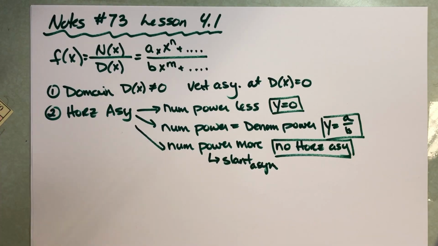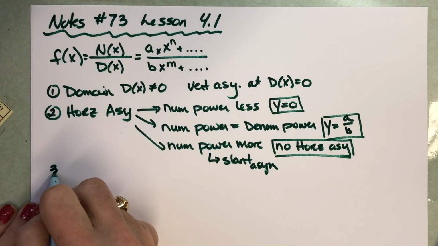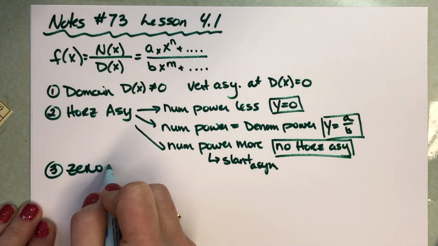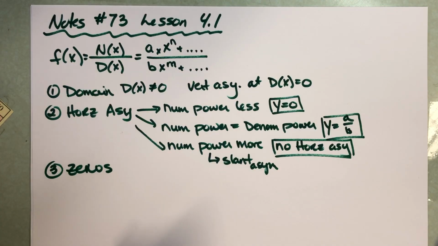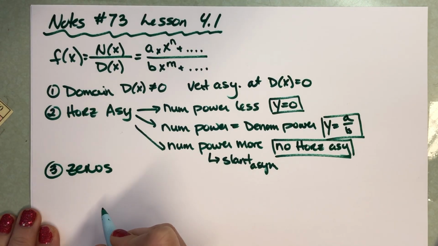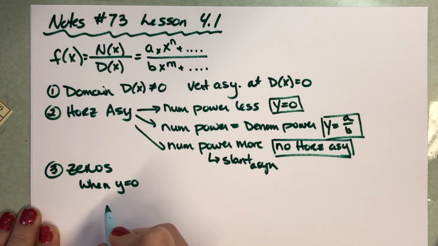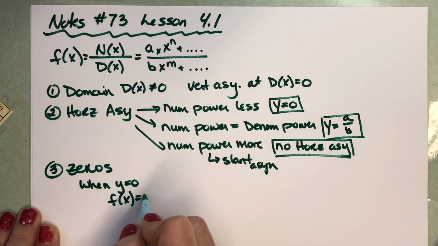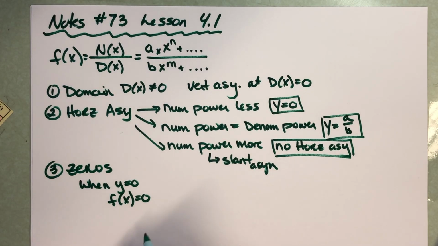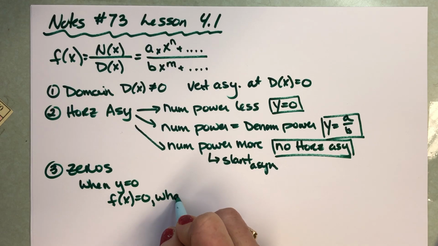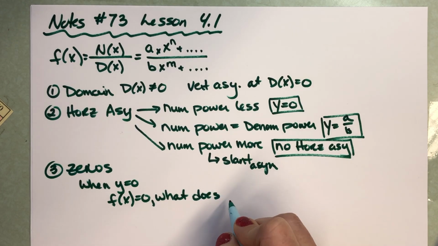Okay. All right. So we're thinking first about our domain. The second thing we're going to do is think about our horizontal asymptote. And our third thing we're going to think about, I know this is what you want to do, is think about your zeros. So if you have a fractional function, when is that function going to be equal to 0? Well, when y equals 0, or f of x equals 0, right?